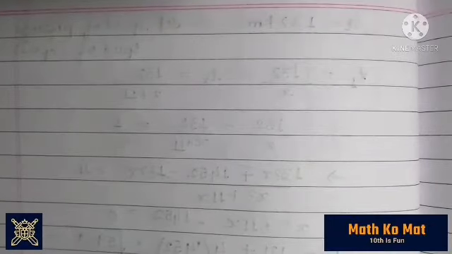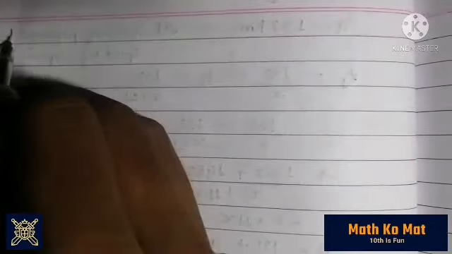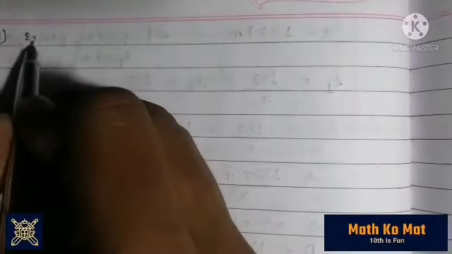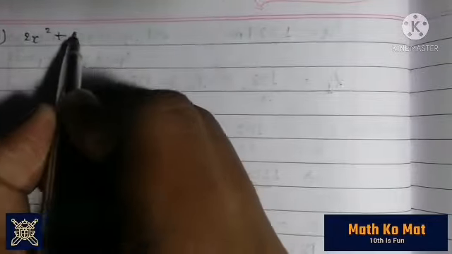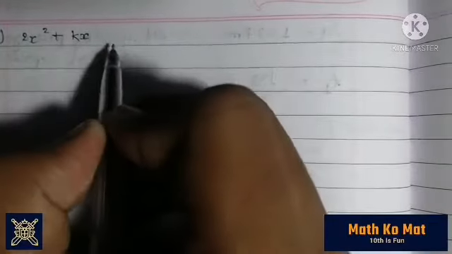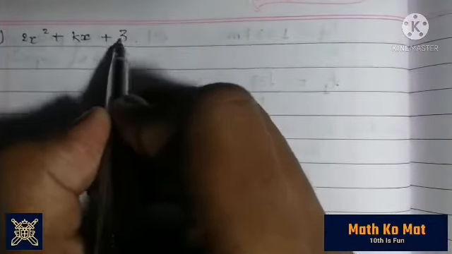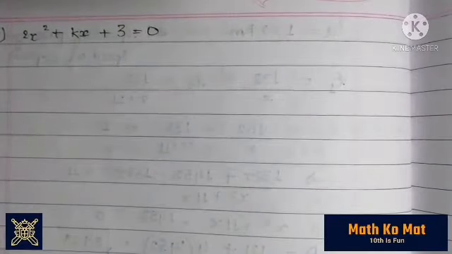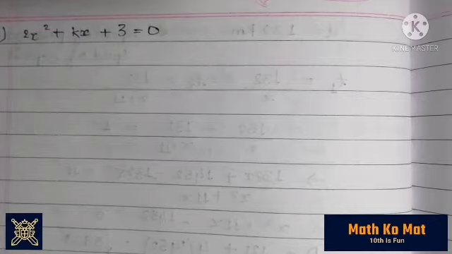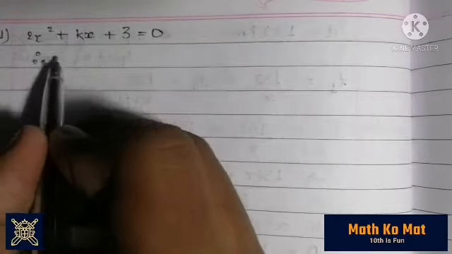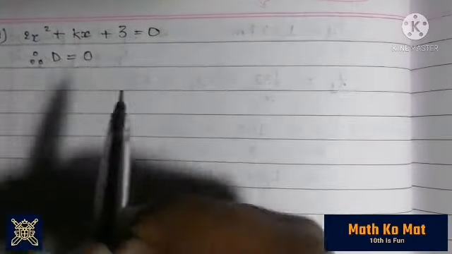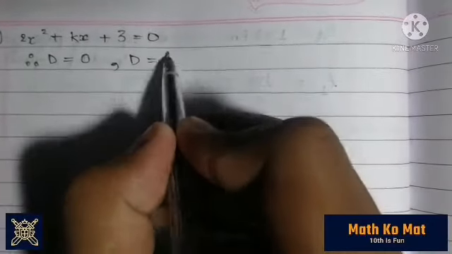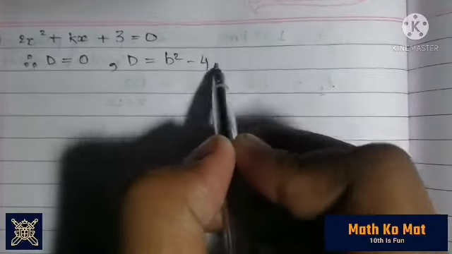So for the first part, we have the equation 2x square plus kx plus 3 is equal to 0. Since we are given that the roots are equal, therefore D is equal to 0. But we know that D is equal to b square minus 4ac.